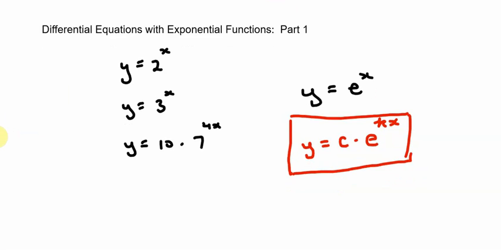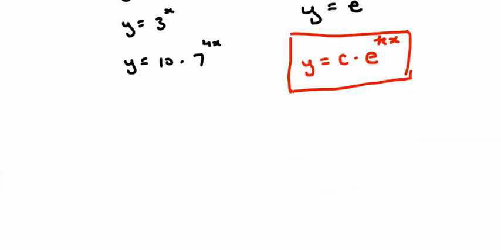So what is interesting about these things is if we do the following. We take this function and look at the derivative. That would be c times the derivative of e to the kx, so that would be e to the kx again times k.